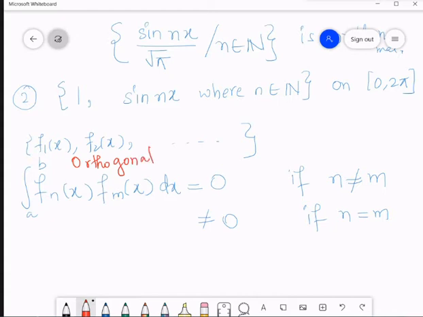I'll have two values. Over here, I'll take this particular expression. It is 0 provided I have taken two distinct elements, and not equal to 0 if I have taken the same element two times. That will give me an fn square. If that is the case, we say that this is an orthogonal set. And what will be the expression for orthonormal?